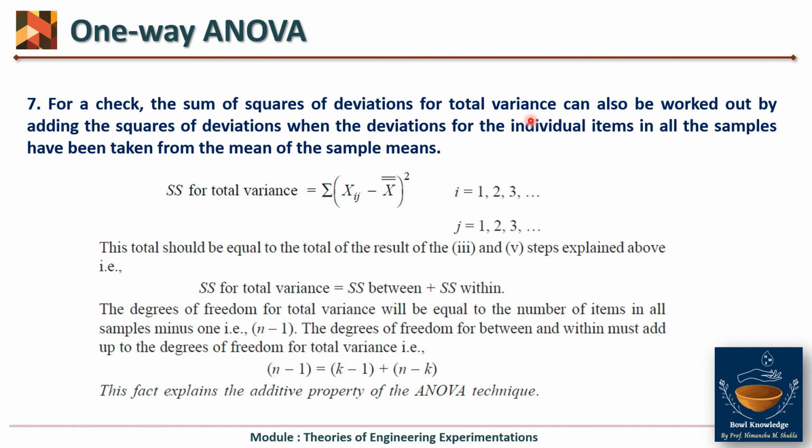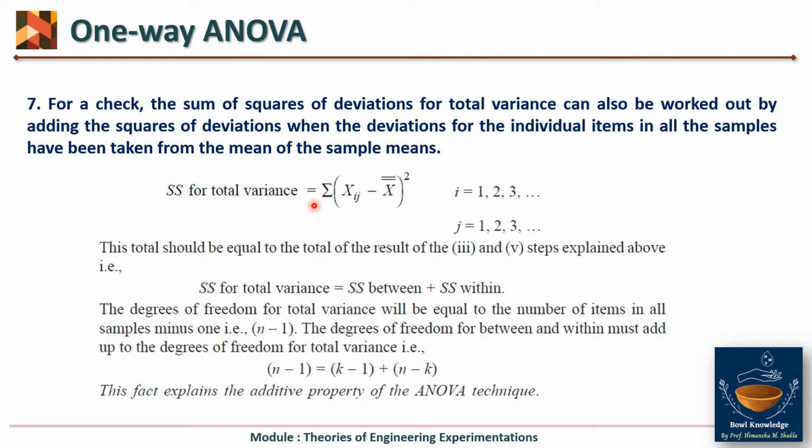Now the 7th step, just for a check: what is the sum of squares for total variance? You can do this in two ways. You can use the formula where you take the summation of every reading minus the grand mean and take the whole square. In this way you get the sum of squares of total variance.